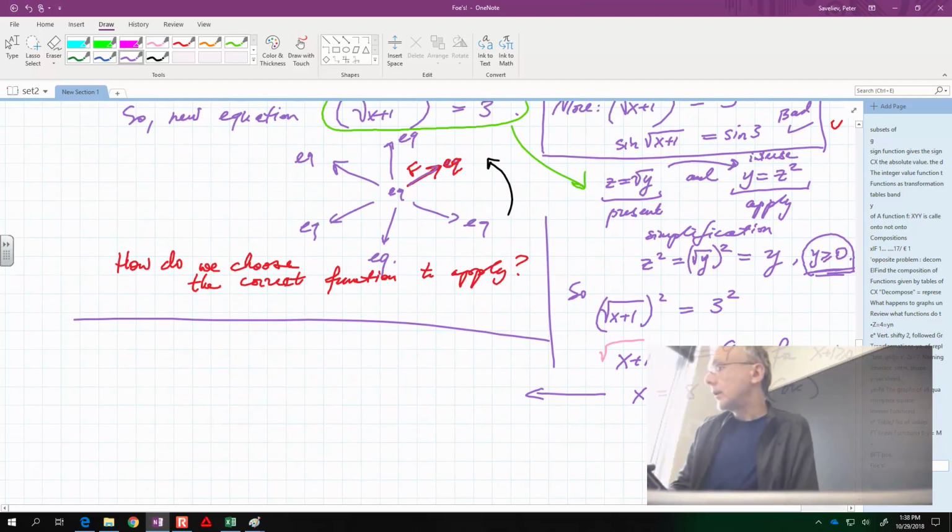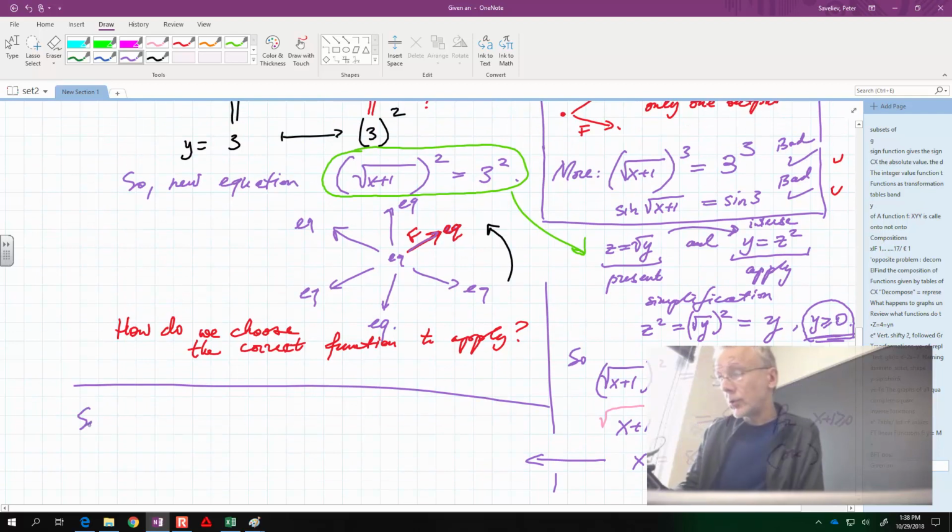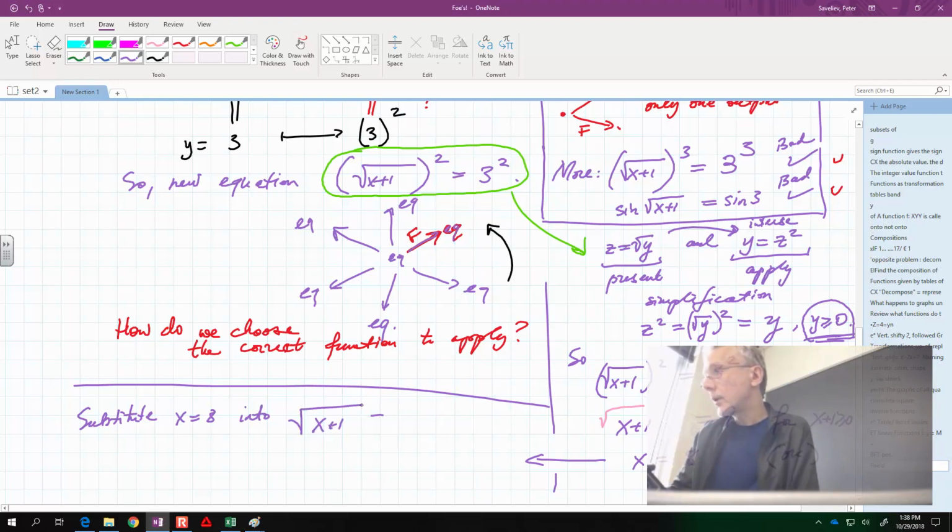So to make sure that we are correct, I go to the original equation and substitute x equals 8 into the equation, which is the square root of x plus 1 equals 3. What do I get? I have the square root of 8 plus 1, and the square root of 9 is 3. So it checks out.